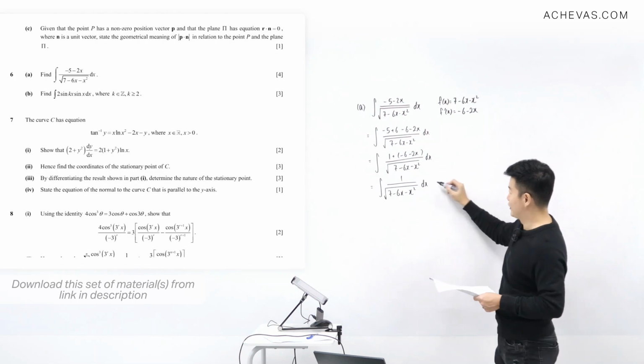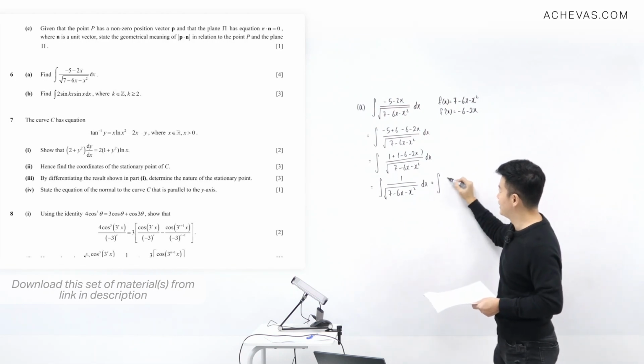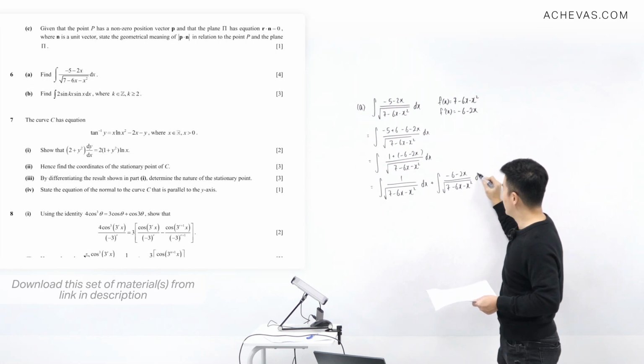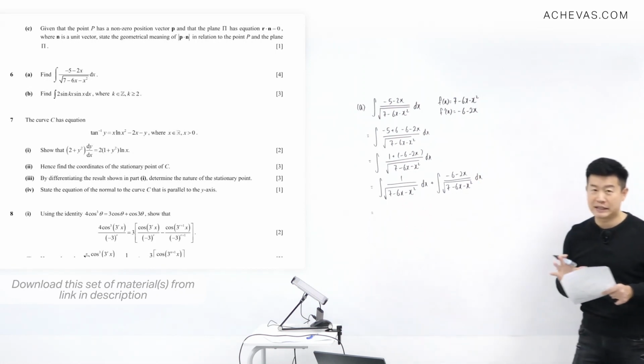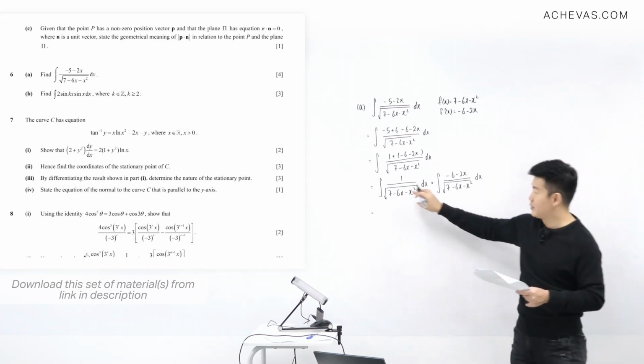The other one is going to be plus negative 6 minus 2x divided by the square root of 7 minus 6x minus x squared.